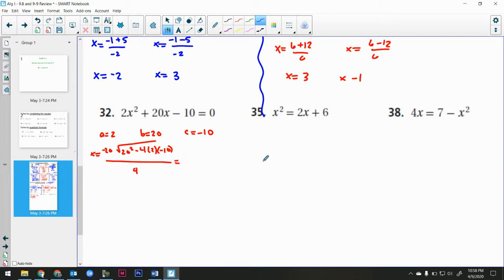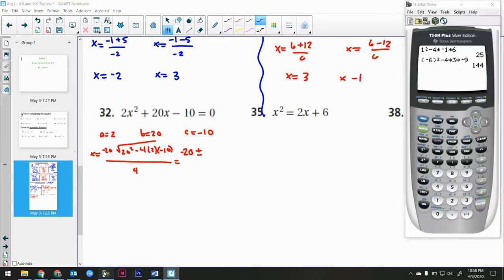So 2 times 2 is 4. So we got negative 20 plus or minus, and then inside parentheses 20 squared minus 4 times 2 times negative 10.